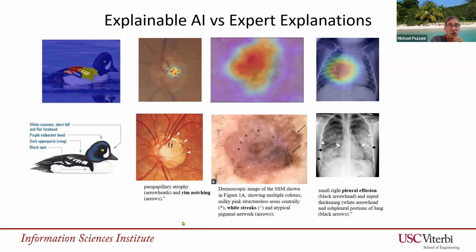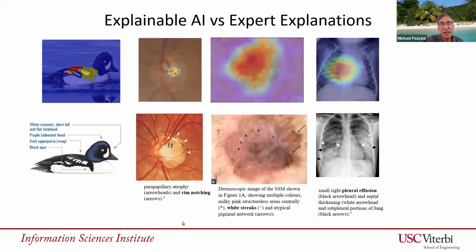So in the bird watching, you have to have a crescent-shaped thing on the face, and that's a sign it's this bird. Or for glaucoma, you have to have PPA, which is what those white arrowheads point out, or rim notching, which is what the black arrows point out. Or in melanoma, there you have to have milky white streaks and atypical pigment networks and things like that.